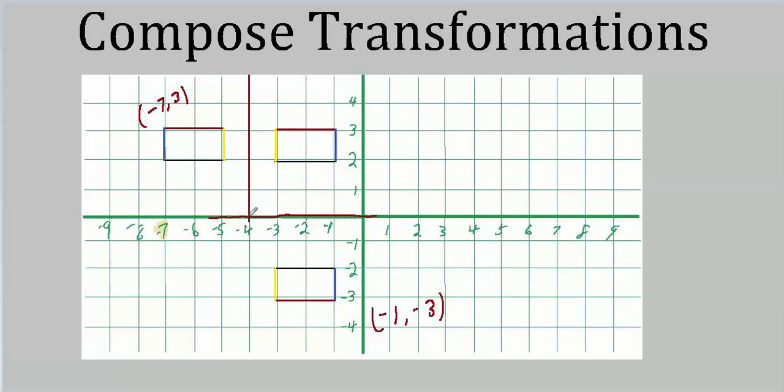Why? Well, if you were to draw a line from this point out to here and rotate it until it met up right here, you would have rotated 180 degrees. And it's kind of easy to see how that works.